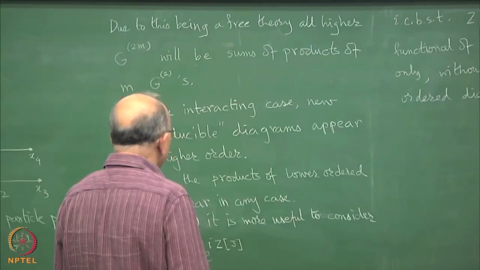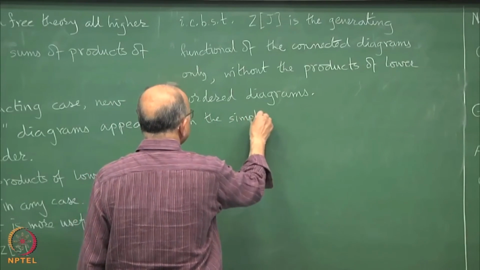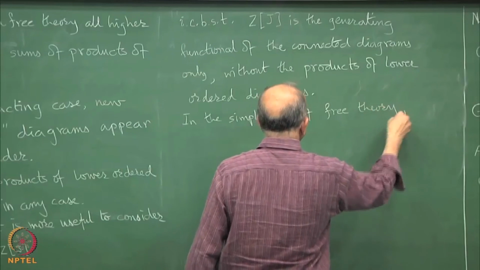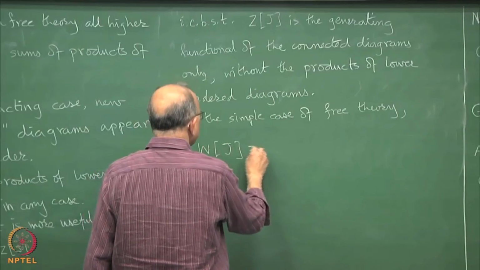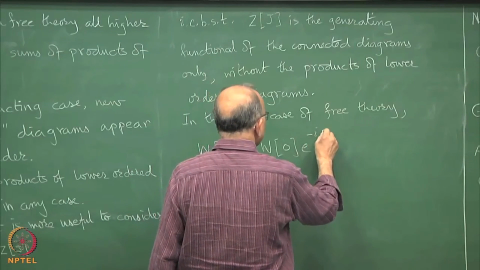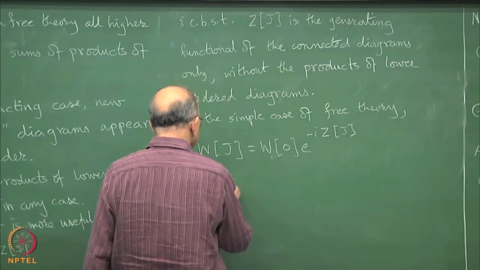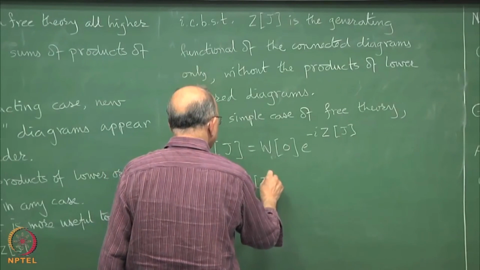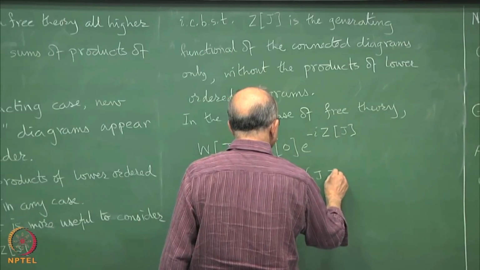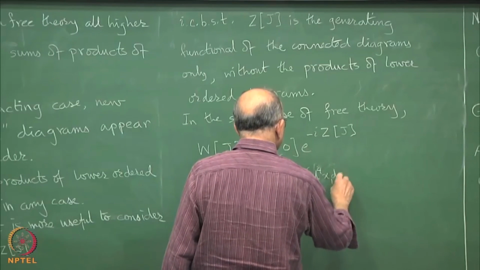So in our case it is somewhat obvious. So in the simple case, the free theory, we already see this because W of J equals W0 times e raised to minus i times Z, with Z equal to, I have to retain that 1/2 factor, 1/2 integral d4x1 d4x2, right.